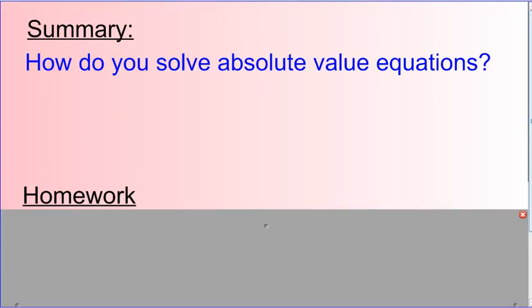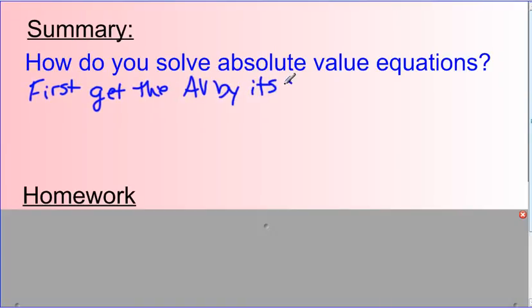Okay, you should have said first, we want to get the absolute value by itself. So get the absolute value by itself. That's the very first thing we do.